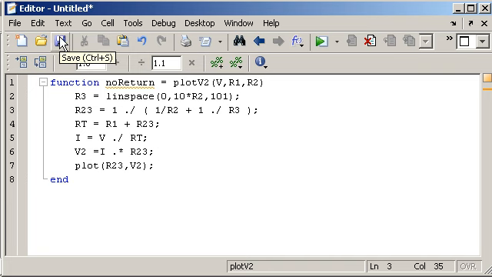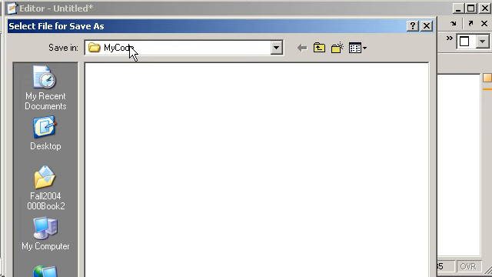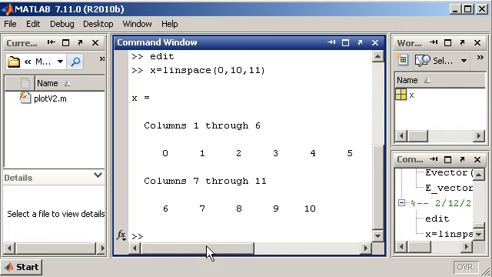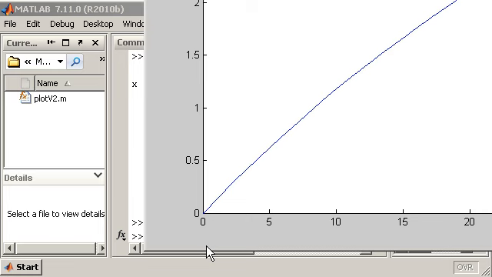Oh, save it as plot V2, and then try running it. I just type in plot V2 of 10, comma 75, comma 25. Let's see if I get a graph.